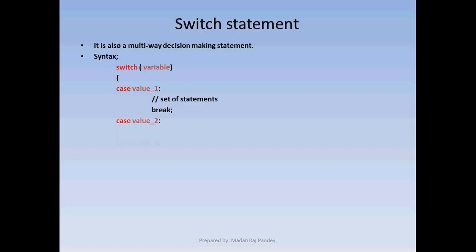Similarly, we write case value 2 colon, then the set of statements to run if case value 2 is matched, and then similarly the break keyword, and so on. Suppose this is the nth value of the variable, so we write case value n and then the set of statements and then break. In the if else if statement, we write the else block.